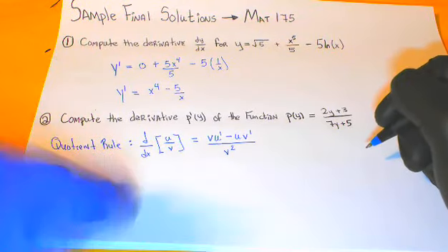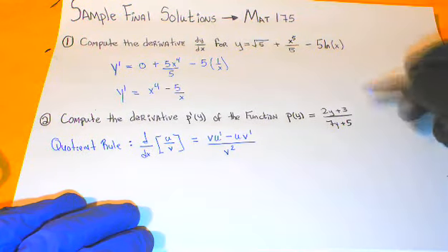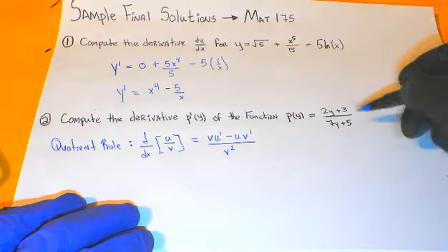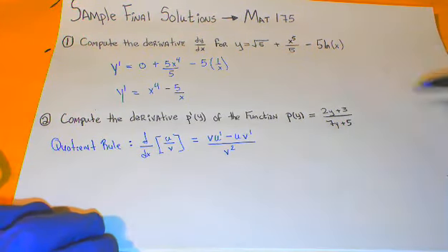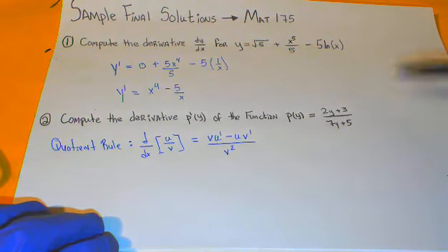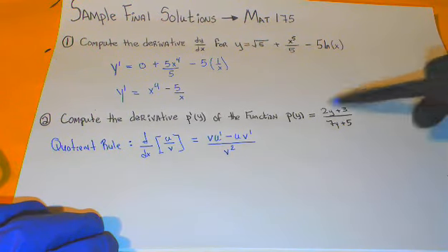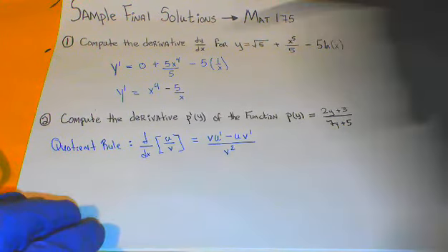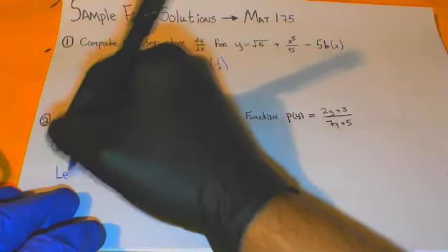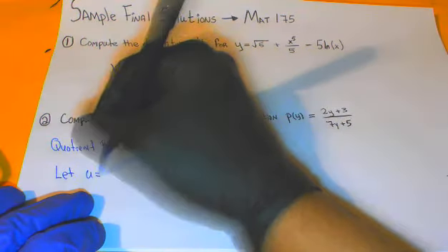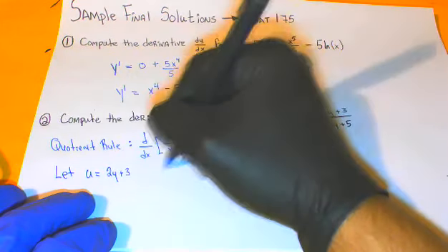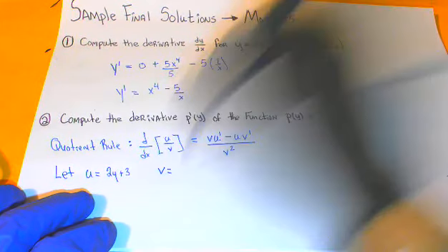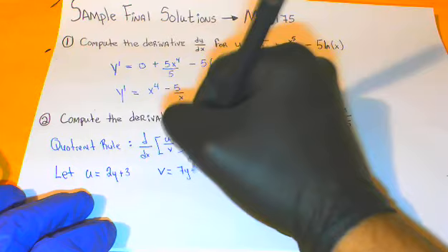So we can go ahead and label what will be our u and v, find our derivative of each, and just plug it into this formula. So let u be the function that's in the numerator, so that will be 2y plus 3. And v is going to be 7y plus 5.